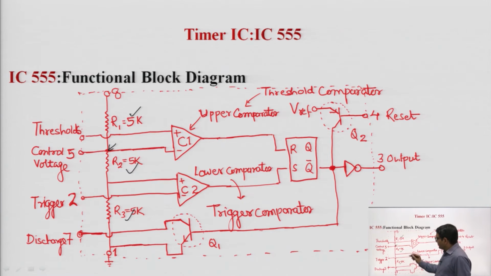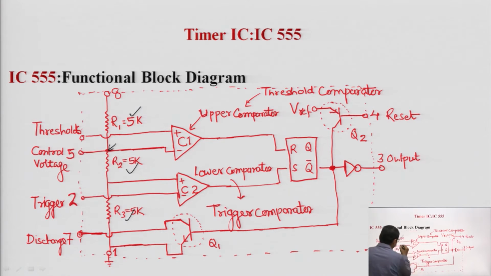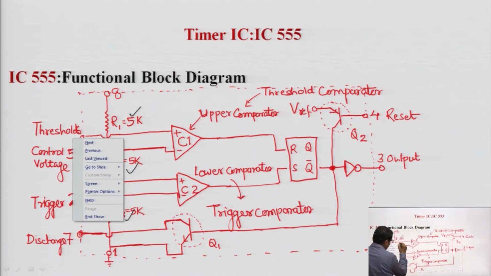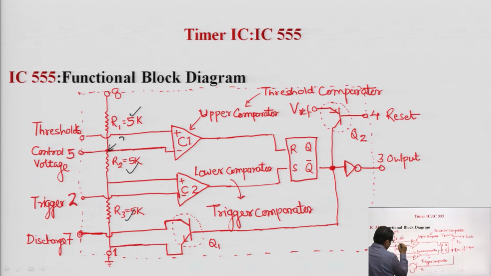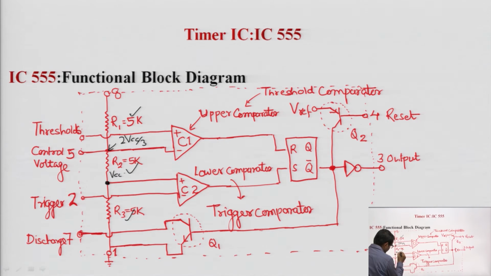If we calculate the voltage at this point, it will be 2 VCC by 3, and at another fixed point here, if we calculate, we get the voltage VCC by 3.